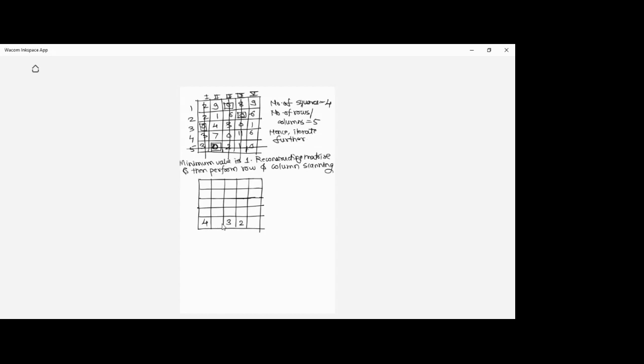Now for the undeleted cells, 9 minus 1 is 8, 1 minus 1 is 0, 4 minus 1 is 3, and 7 minus 1 is 6. Other undeleted cells, 9 minus 1 is 8, 6 minus 1 is 7, 6 minus 1 is 5, 1 minus 1 is 0, and 6 minus 1 is 5, right?